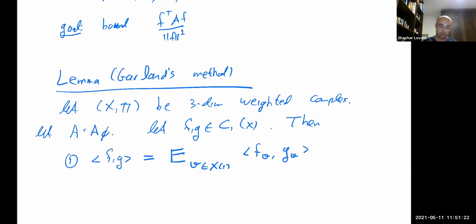But this inner product is not over the full weighted complex. This is over X_v of 1. I'm going to write this here just to remind ourselves that these functions f_v and g_v are not functions on the nodes of the complex, they are functions on the nodes of the link of v. So this is just to remind us that they live in a different domain.